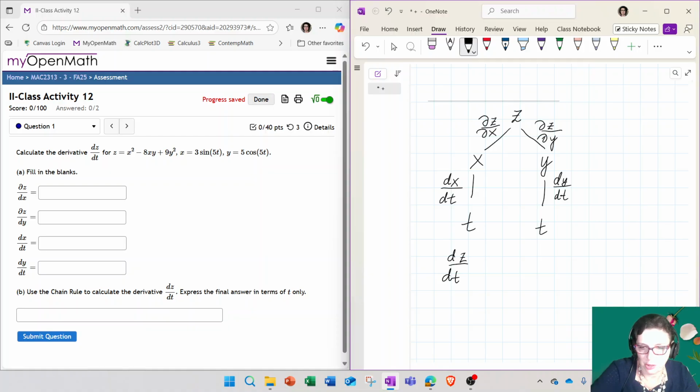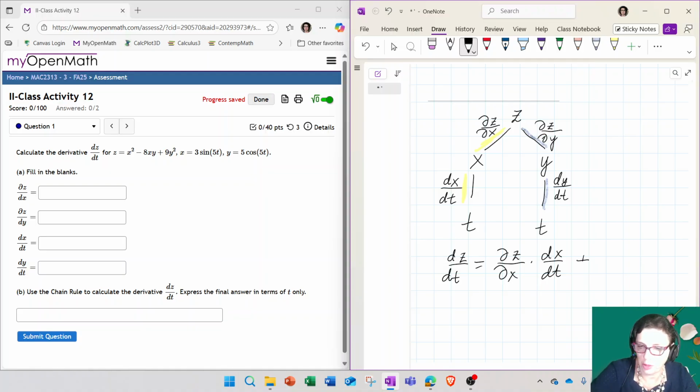All right, so if we want to find dz over dt, we're going to have to follow the branches, and then we're going to add up the answer. So what do we mean by following the branches? We're going to go like that and multiply these partials. So this is going to be partial z partial x, multiplied by dx dt. And then we're also going to follow the other branch to get to t, because we're taking the derivative with respect to t.